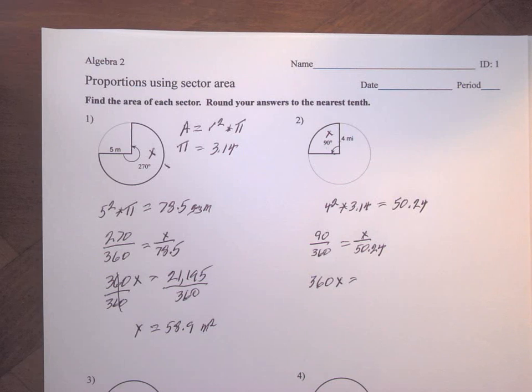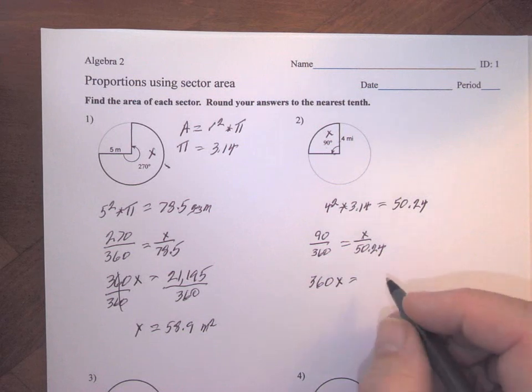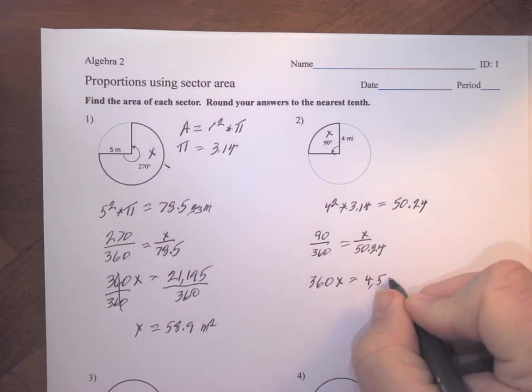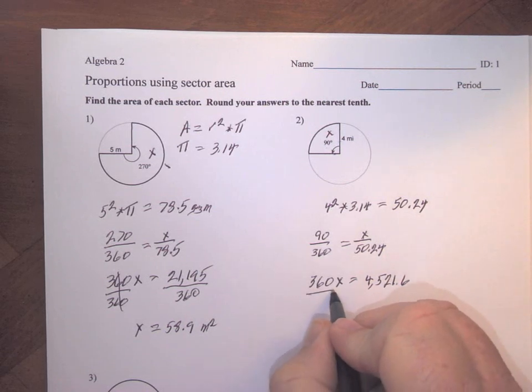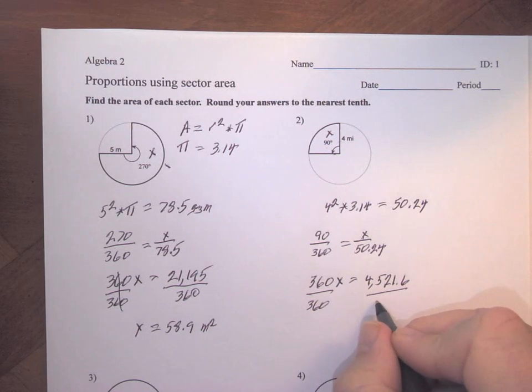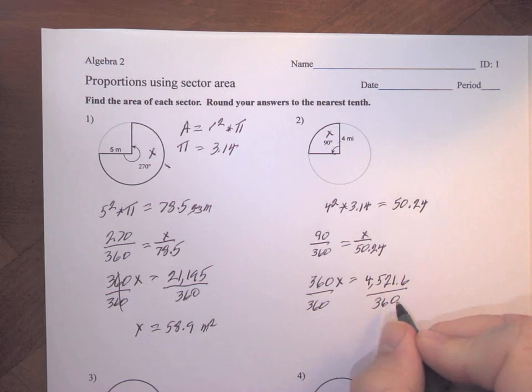That would be 4,521.6. Again, we divide by 360. Both sides have to be divided by 360.